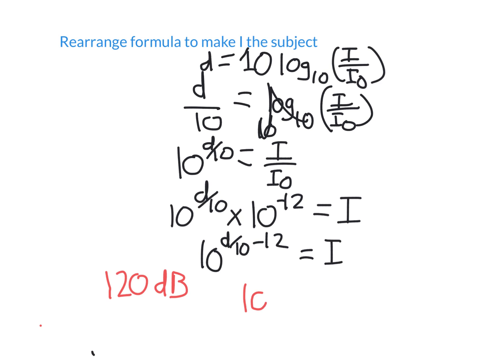It would just be 10 to the power of 120 over 10 minus 12. Actually gives you 10 to the power of 0, which is 1, and intensity is watts per meter squared. That's how much energy would be exerted by a sound that's 120 decibels, which is really loud.